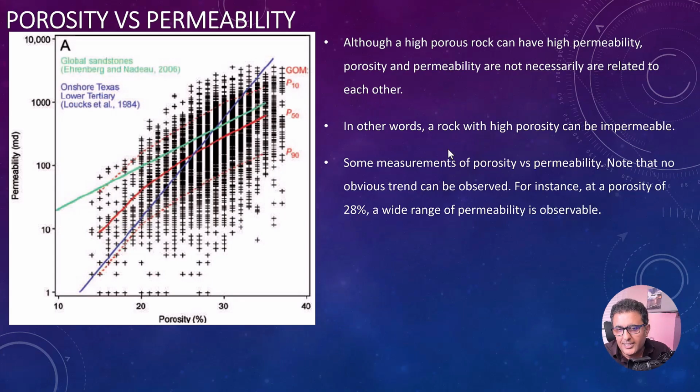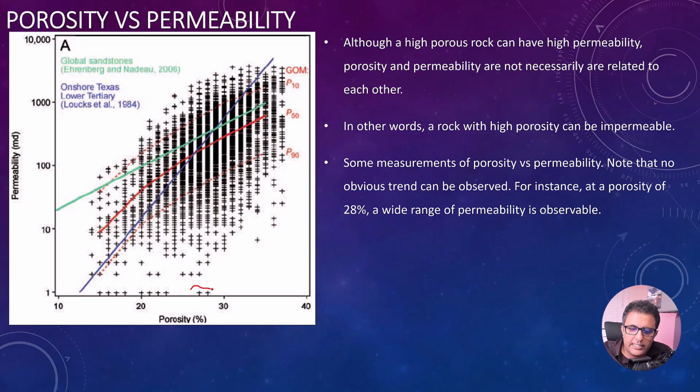Okay, so this plot is very interesting, because many petrophysicists try to see if they can link permeability to porosity. So they collected different rock samples, measured their permeabilities and porosities, and plotted them versus each other. What they found is that the correlation is not very strong.